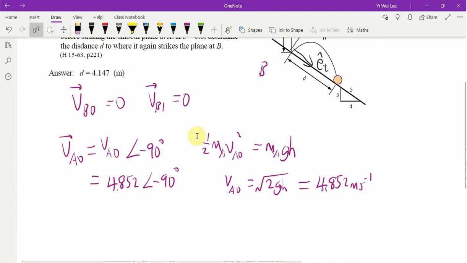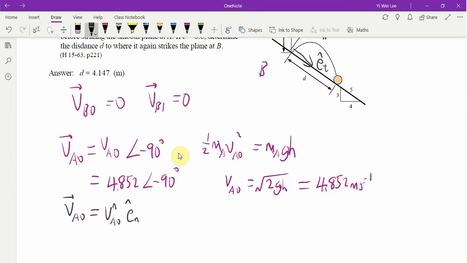So, first things first, let's try to understand this. What we're trying to say is that the velocity of A naught, we must represent in terms of a component normal to the collision plane and one parallel to the collision plane.